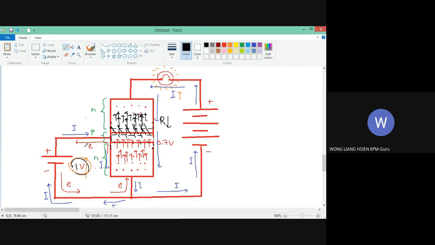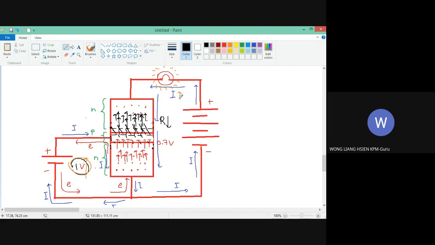So a small current controls a big current. It can also make the big current become bigger, because when this voltage increases, the resistance goes down, and this current can become higher.